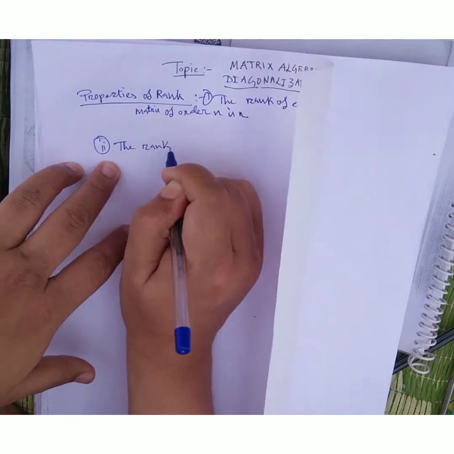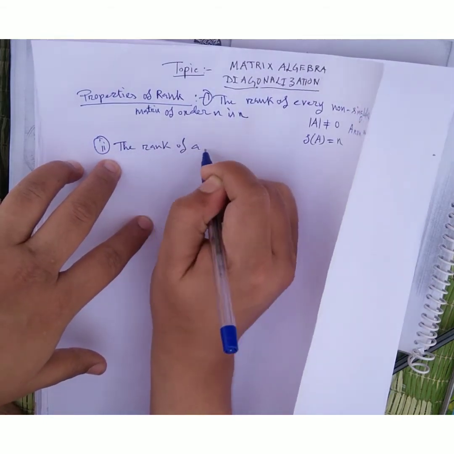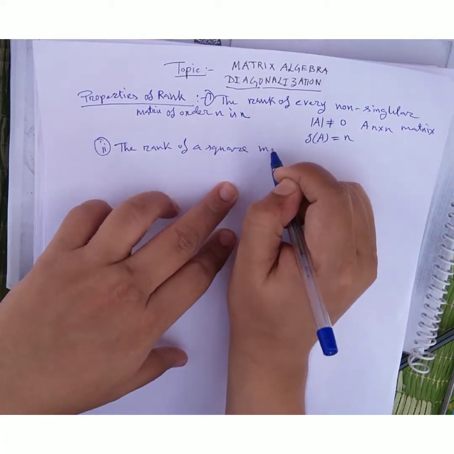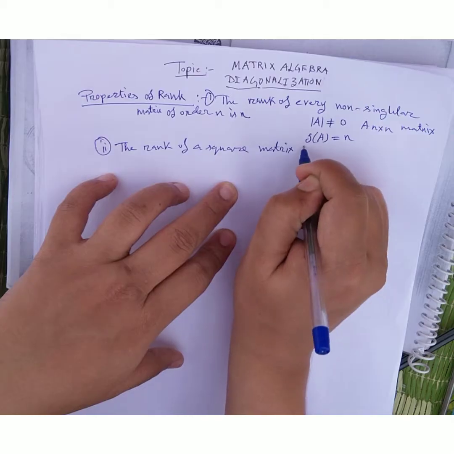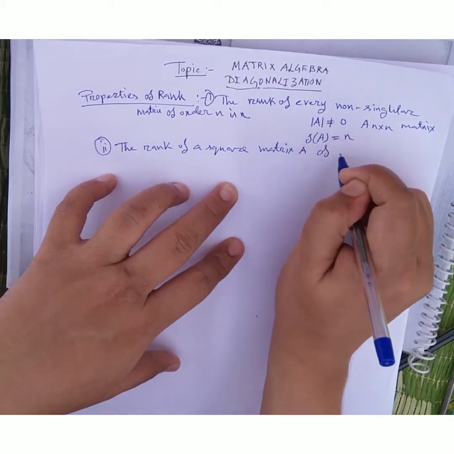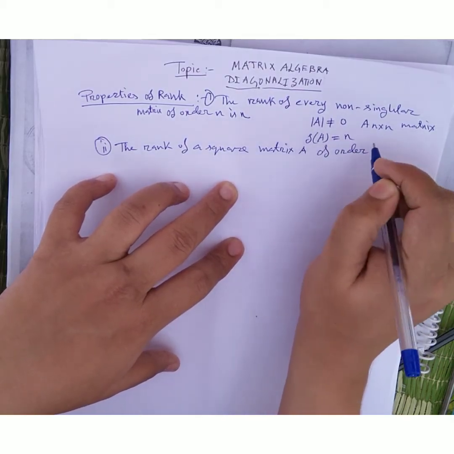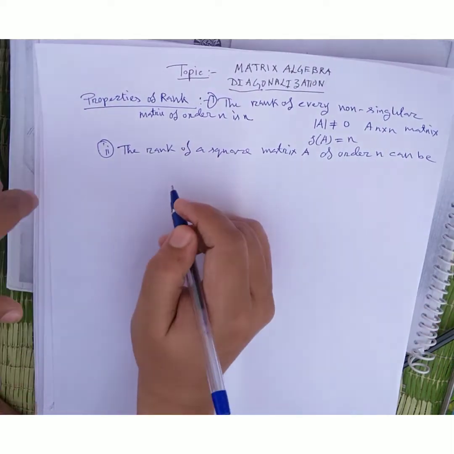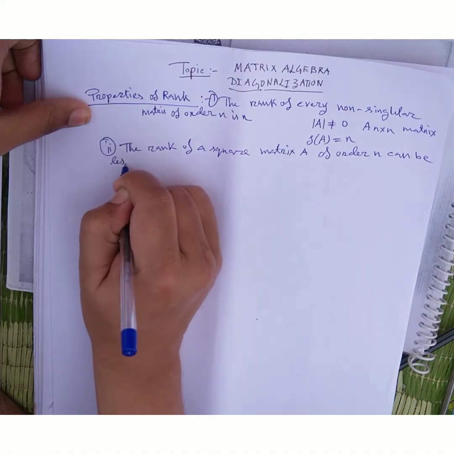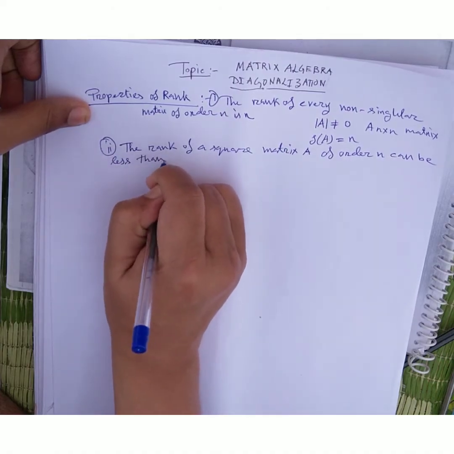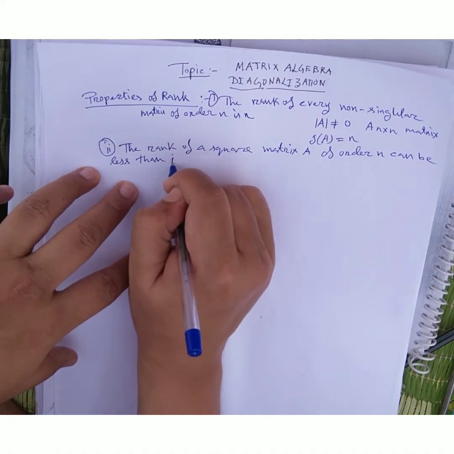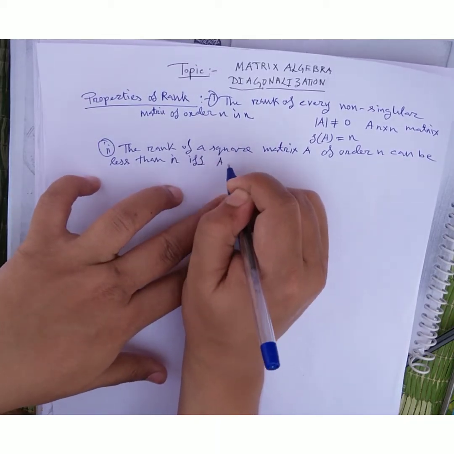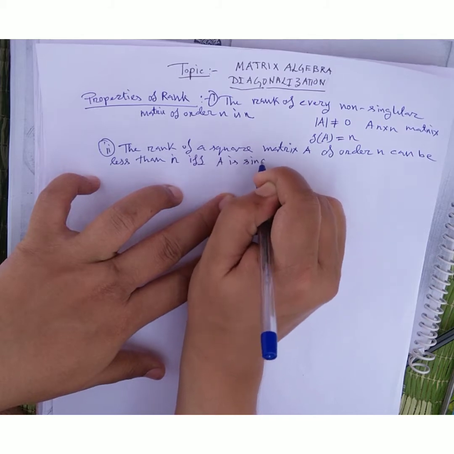Okay, number two: the rank of a square matrix A of order n can be less than n only if A is singular.